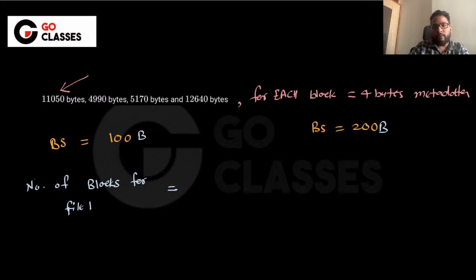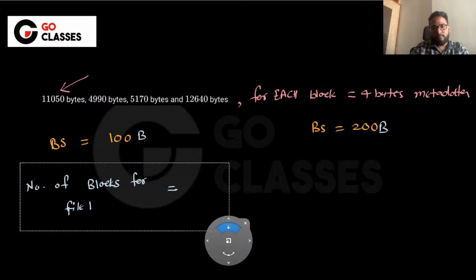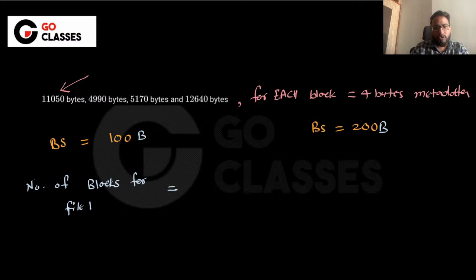You need to divide by 100. 11050 divided by 100, so you will be needing 111 blocks, right? Is this okay to everyone?